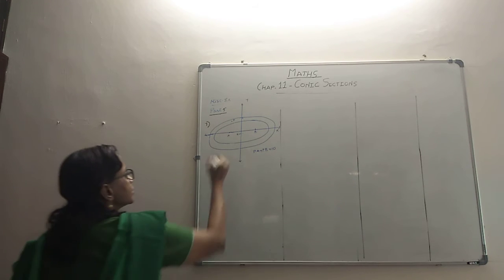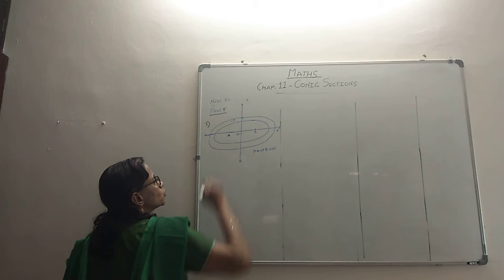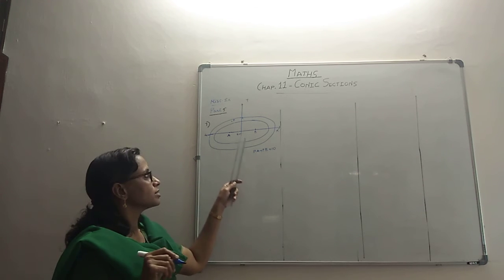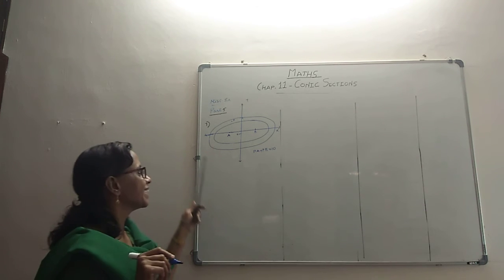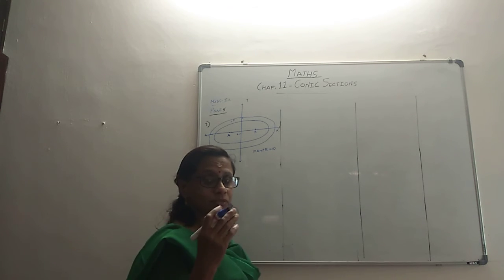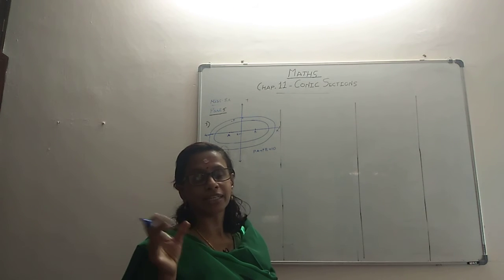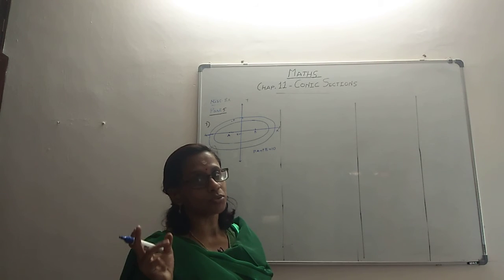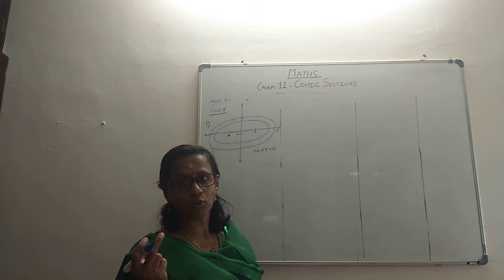That is what they say, and the distance between the two foci is 8. A and B are the foci. So the distance between the foci is 2C, and this constant distance is always 2A. That's how the ellipse formation happens. So it gives you A, and you get C. Both are there with us.